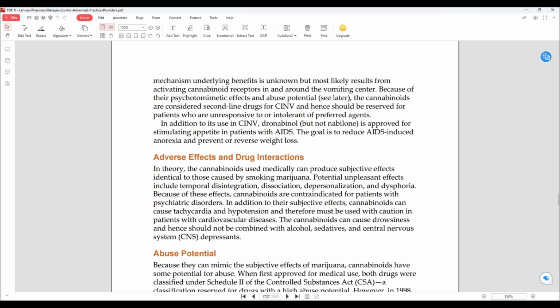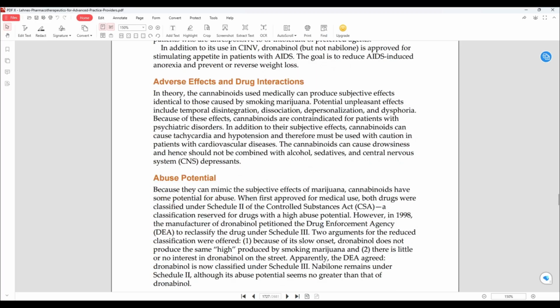Because of their psychotomimetic effects and abuse potential, the cannabinoids are considered second-line drugs for CINV and hence should be reserved for patients who are unresponsive to or intolerant of preferred agents. In addition to its use in CINV, dronabinol is approved for stimulating appetite in patients with AIDS. The goal is to reduce AIDS-induced anorexia and prevent or reverse weight loss.